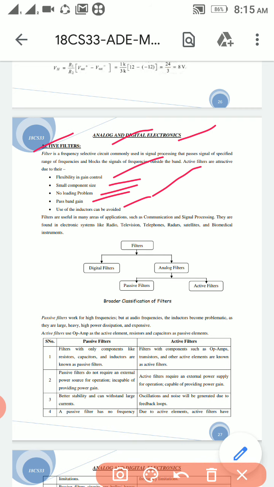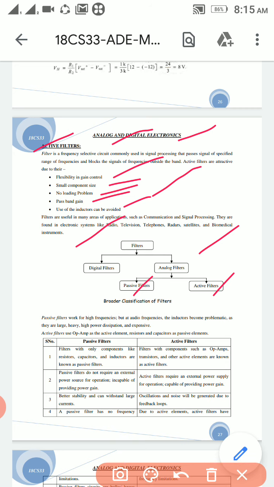Okay, and coming to this, filters are classified into two types: digital filters and analog filters. Analog filters are further categorized into two types: passive filters and active filters, right? So we have to see the difference between passive filters and active filters.